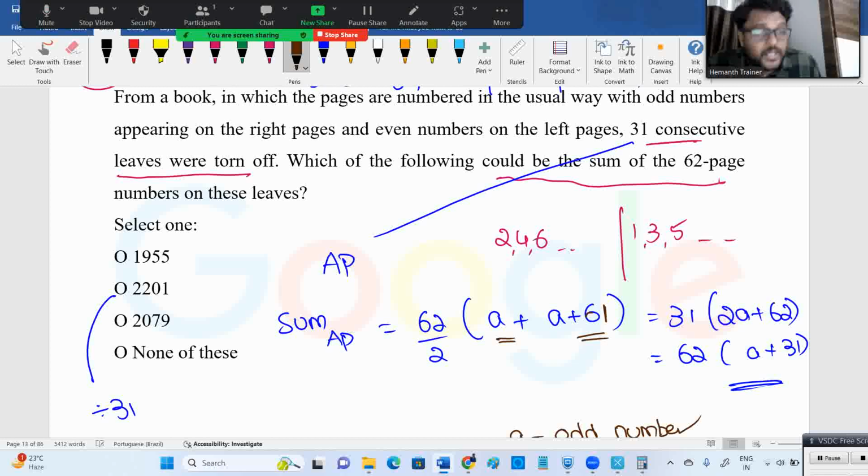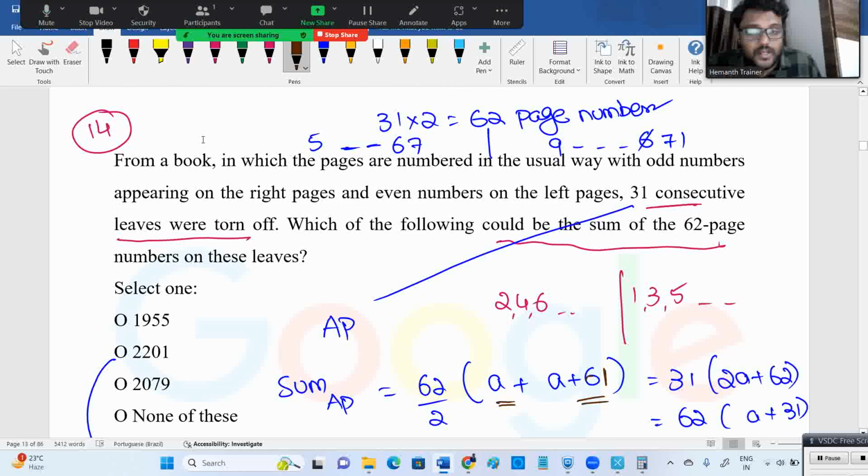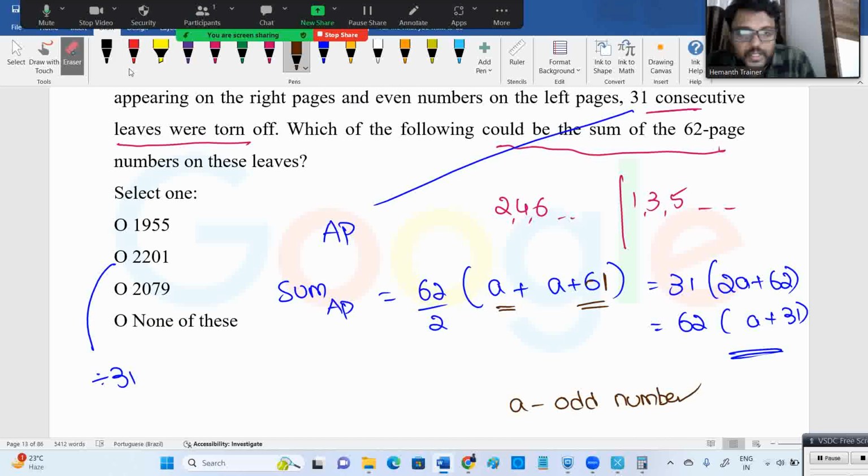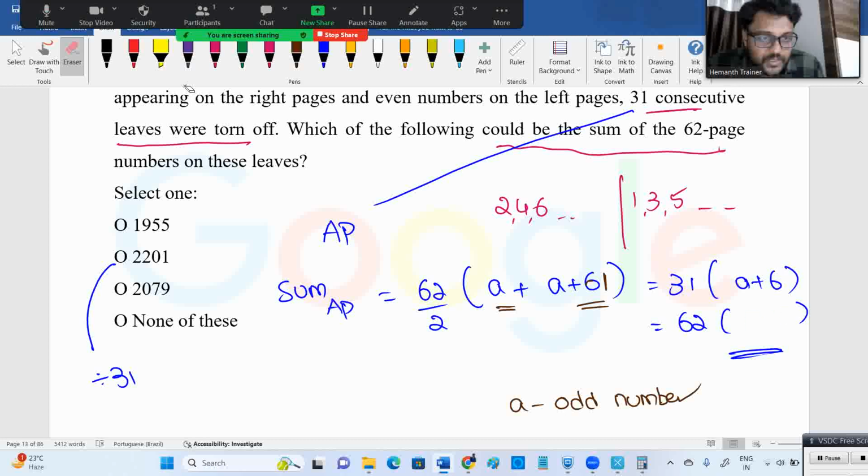For a total of 62 pages, 5 is also there. So this is 66, this will be 70. We include 9; from 9, the count will start, right? So then this is 31 into A plus 2A plus 61.